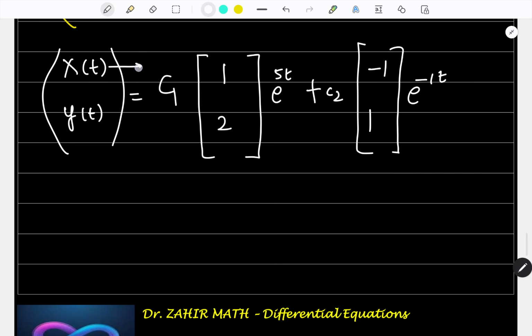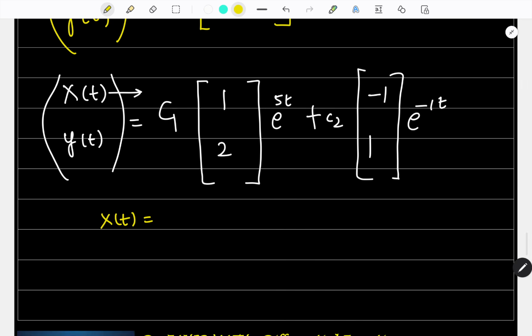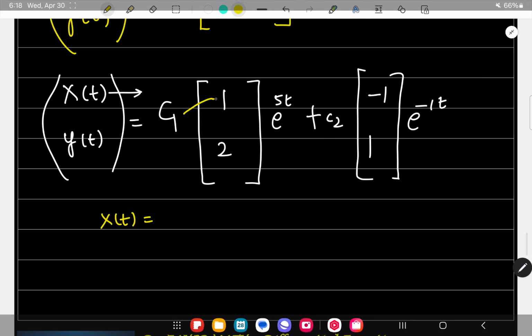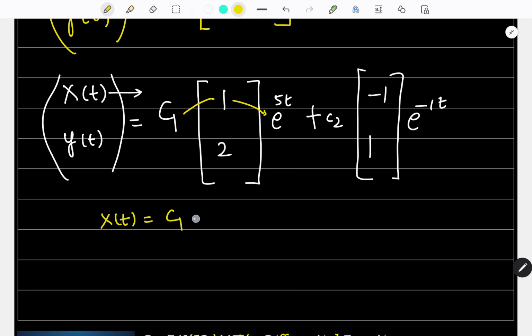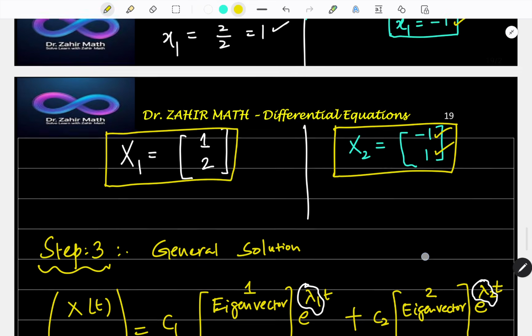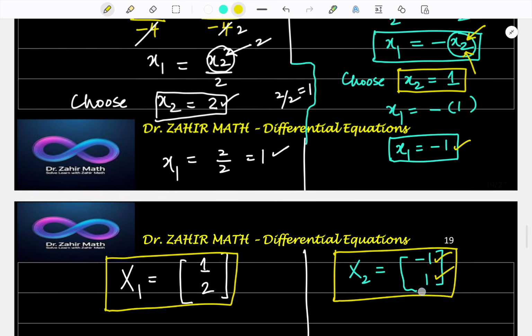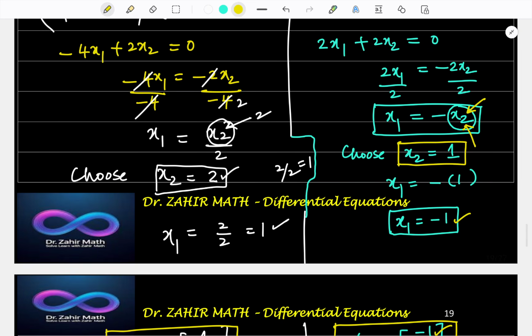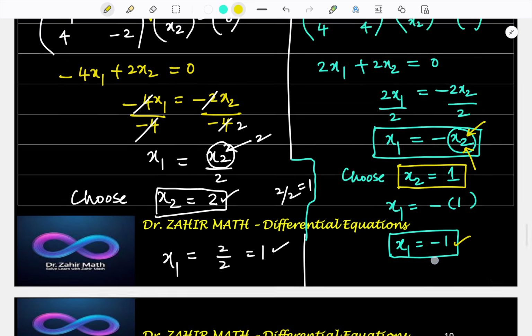So what I'm going to do, first row, first column, like that I'm going to go. So x of t is equal to c1 e power 5t, and then minus c2 e power minus t, right. Now, I choose x1 is minus 1, I choose x2 is equal to, is there a mistake or not?